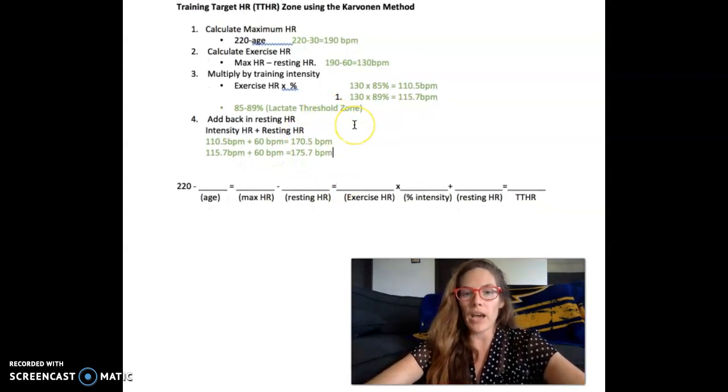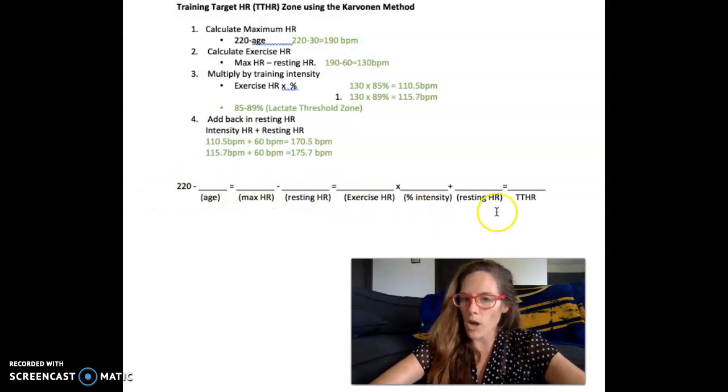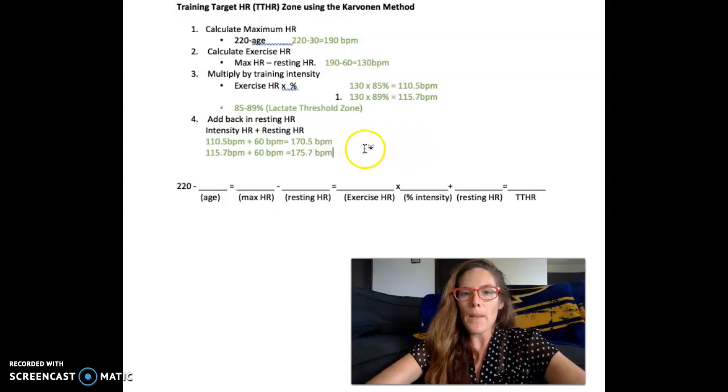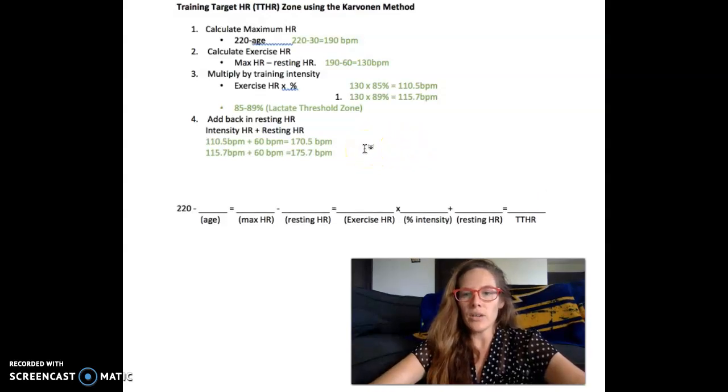So now we've calculated this really great information. All of this walks you through the same thing if you were to write it out individually, but this is going to give you your training target heart rate.